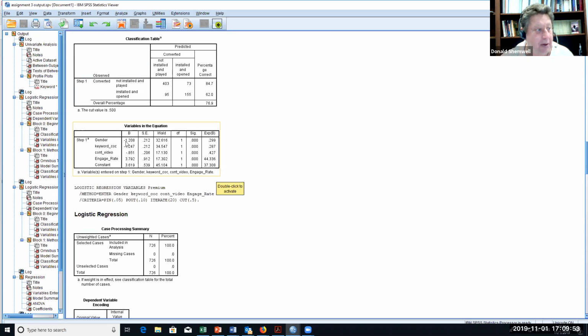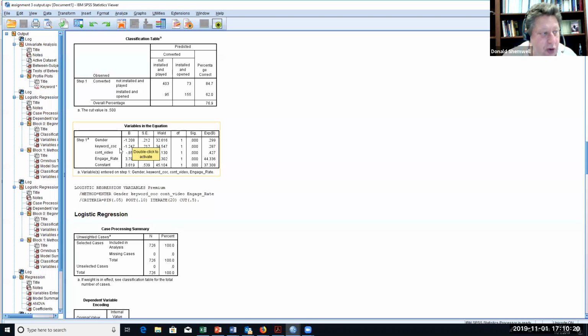Exactly the same. Standard error, Wald stat, degrees of freedom, exponent of B, significance of T, all the same, just positive if we recoded it. But we coded it as males 1 and females 2. So that means that as we go from 1 to 2, from male to female, propensity to convert goes down.